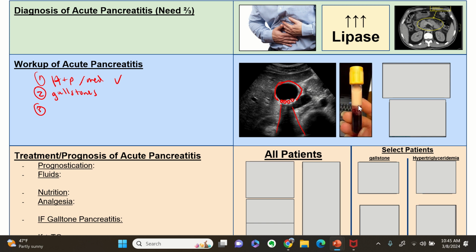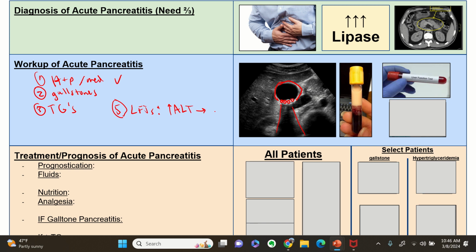Lastly, check triglycerides. Usually I just check a lipid panel just to rule this out. LFTs can be helpful to see, maybe if they drink alcohol, do they have alcoholic hepatitis concurrently. But the other thing that's going to be helpful is if the ALT is very elevated.